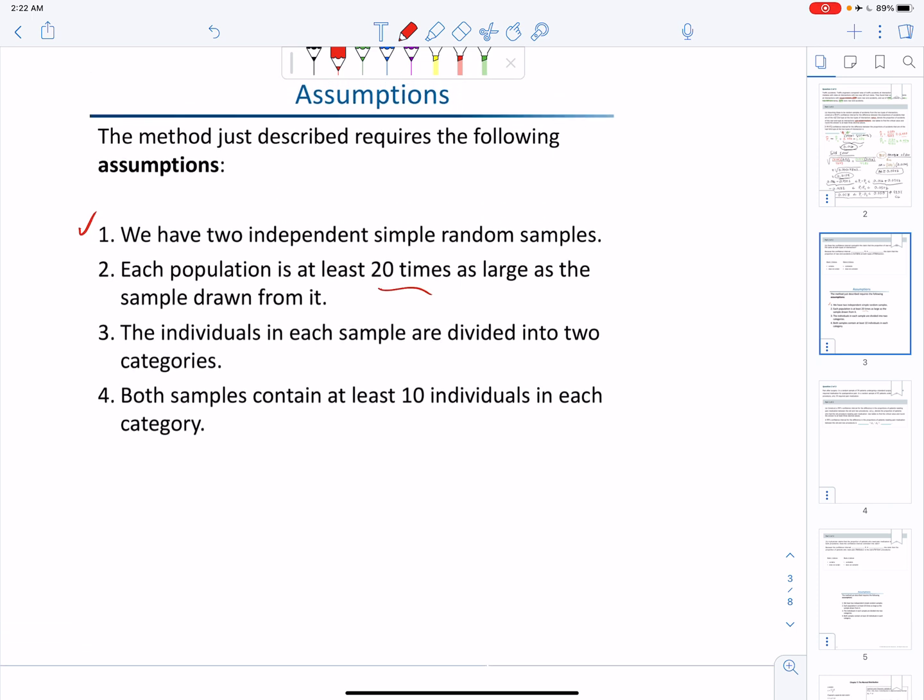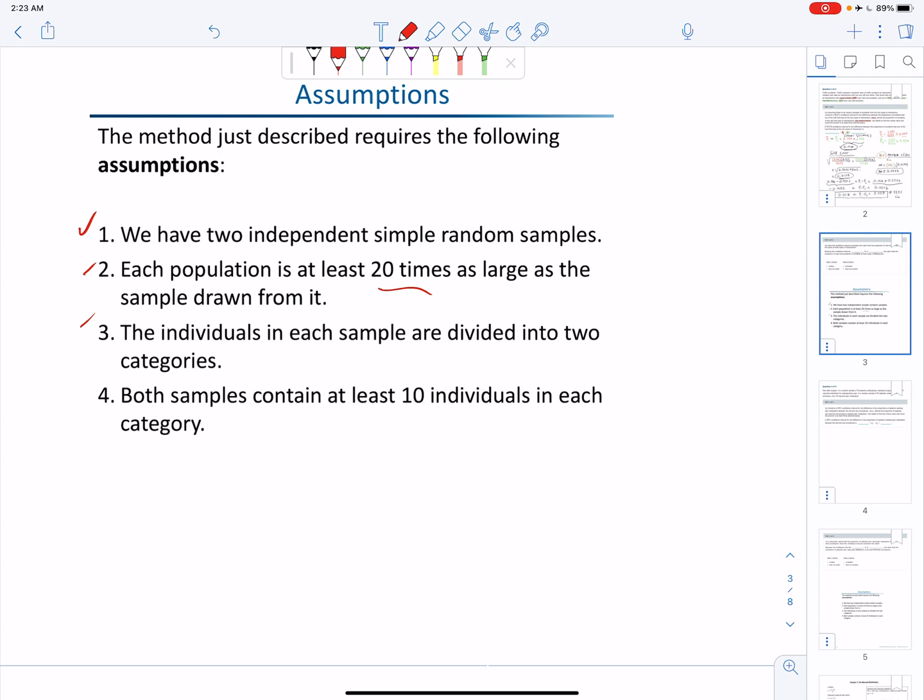And then number 3, the individuals in each sample are divided into 2 categories. Yes, there were definitely two different categories. What were those categories? There were accidents at intersections with raised medians, and the other one was accidents at intersections with two-way left turn lanes. Okay, so that is satisfied.